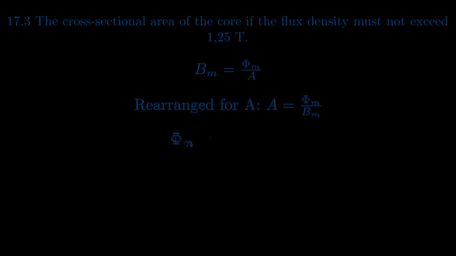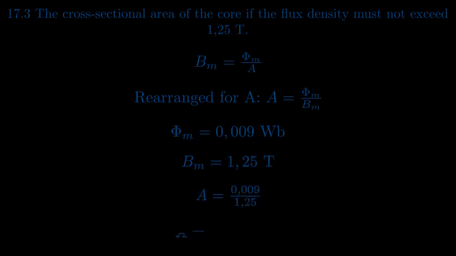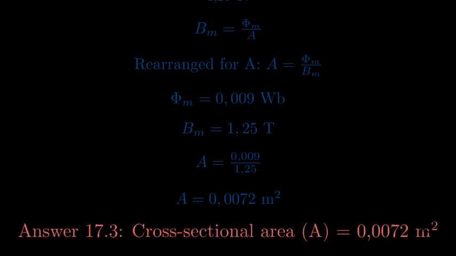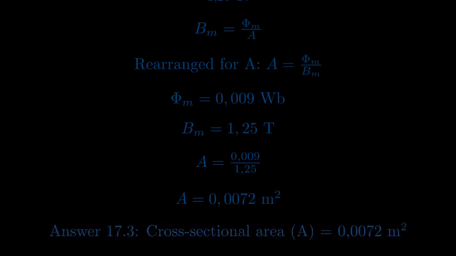From the previous calculation, we found the maximum flux, Φmax, to be 0.009 Weber. The question specifies a maximum flux density, Bmax, of 1.25 Tesla. Dividing 0.009 by 1.25, we get a cross-sectional area of 0.072 square meters. A larger area allows for a lower flux density, reducing the core losses.